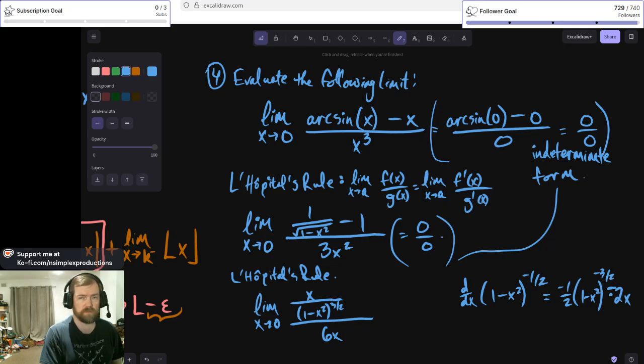So, if we divide out x from both the numerator and denominator, then that's gone. And then we can multiply both top and bottom by 1 minus x squared to the 3/2.